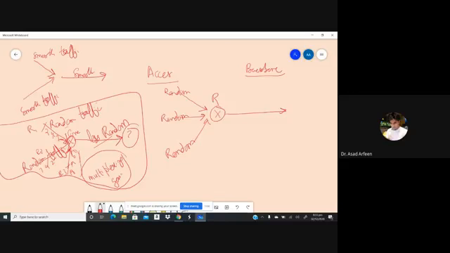Coming back, this was my case one: smooth traffic multiplexed with smooth traffic, the traffic is smooth. And random traffic multiplexing, the traffic becomes smooth or less random.